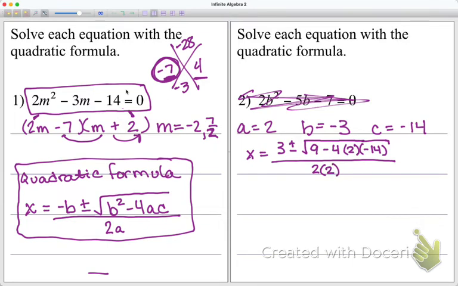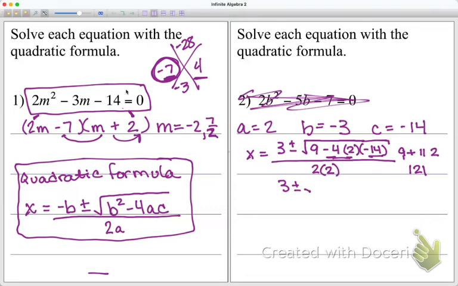Now I just do the math. So negative 4 times 2 is negative 8, right? And negative 8 times negative 14, oh, it's going to be plus, right? And 8 times 14 is 112. Okay. So then under the square root I have 9 plus 112, which is 121. Yes?